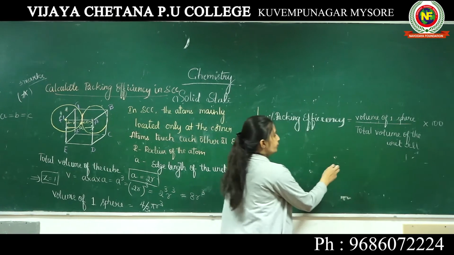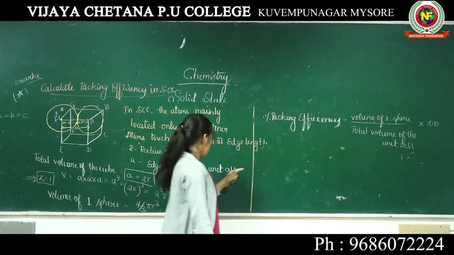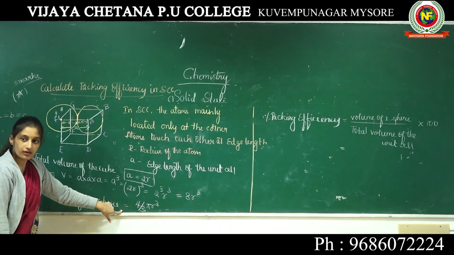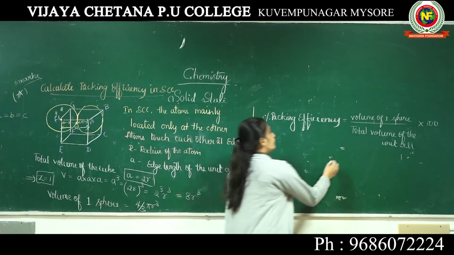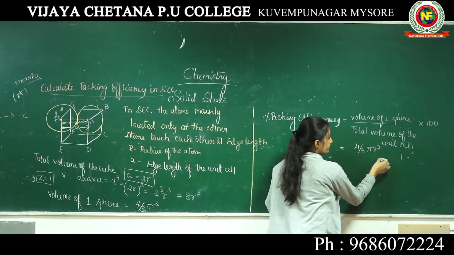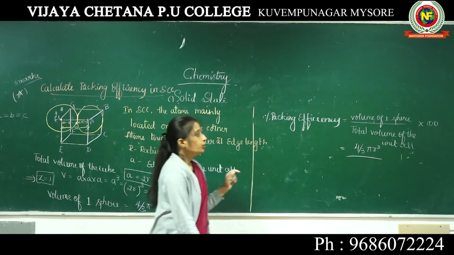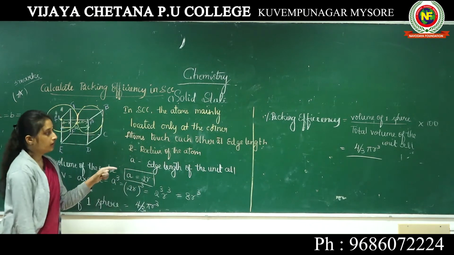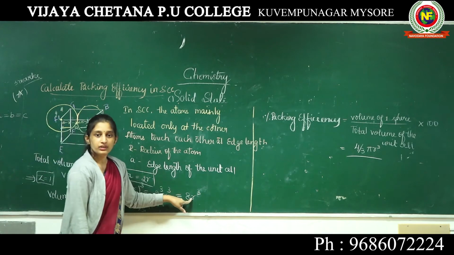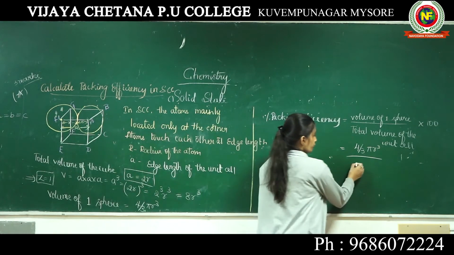So volume of one sphere, how much is there? See, listen here. Volume of one sphere, the value is 4 by 3 pi r cube divided by total volume of unit cell. What is the total volume, a cube value? 8 r cube.